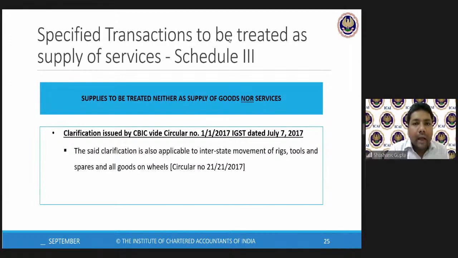Now, I would also like to discuss certain other aspects in detail. Someone was asking, what is this del credere agent? Someone was asking, explain actionable claim again in detail. So I would now like to go back to the institute study material itself so that we can have a more holistic discussion.